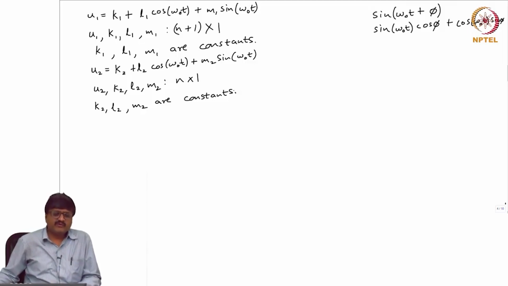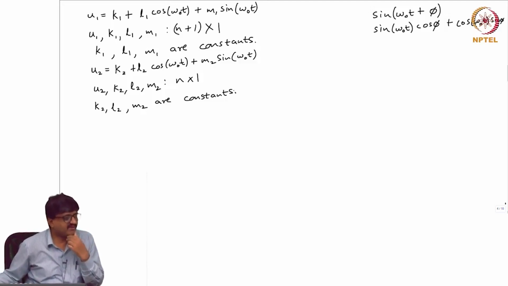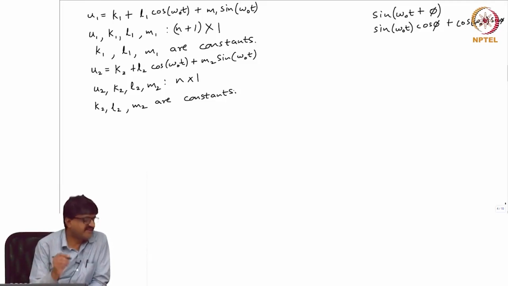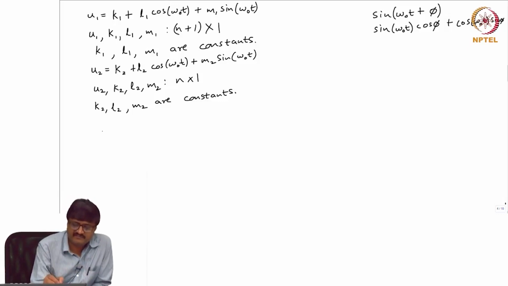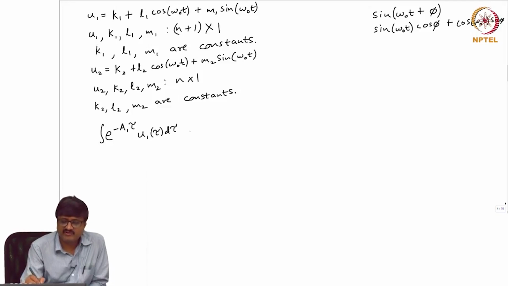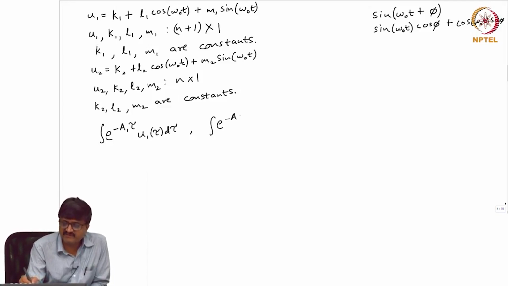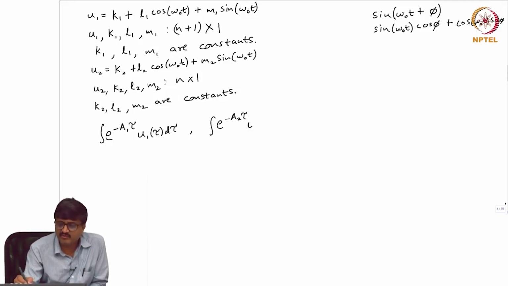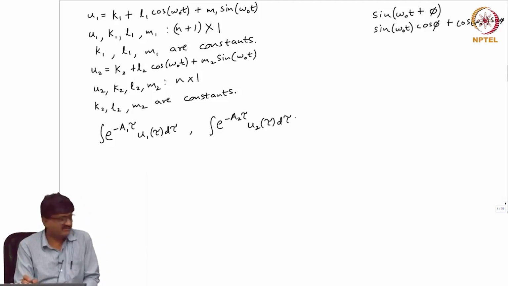So, when you look at that nonlinear equation which has to be solved for that scalar t1, there are integrals of the type exponential of minus a1 tau u1 of tau d tau, and exponential of minus a2 tau u2 of tau d tau being integrated. So, these are the integrals that you come across.